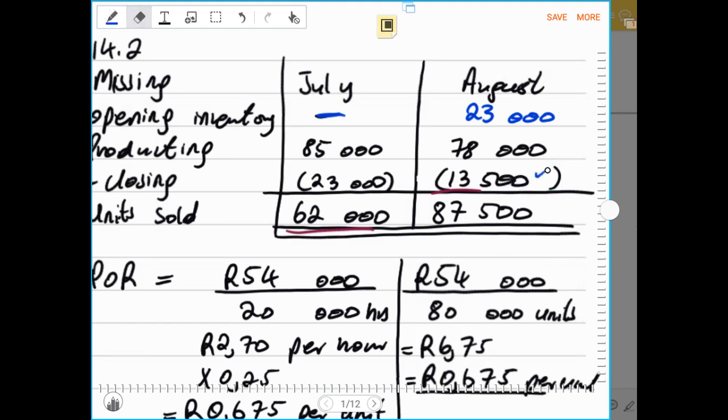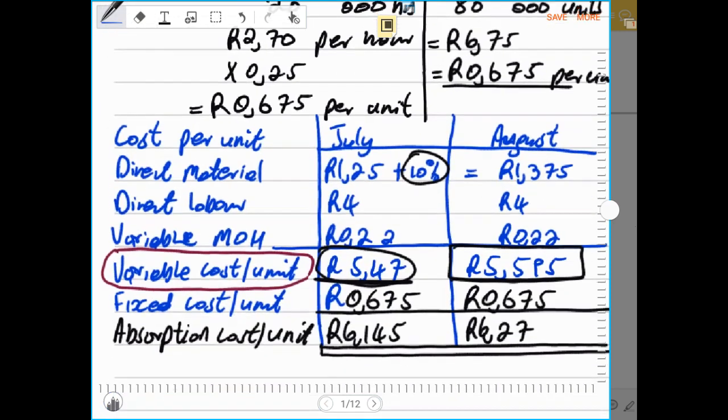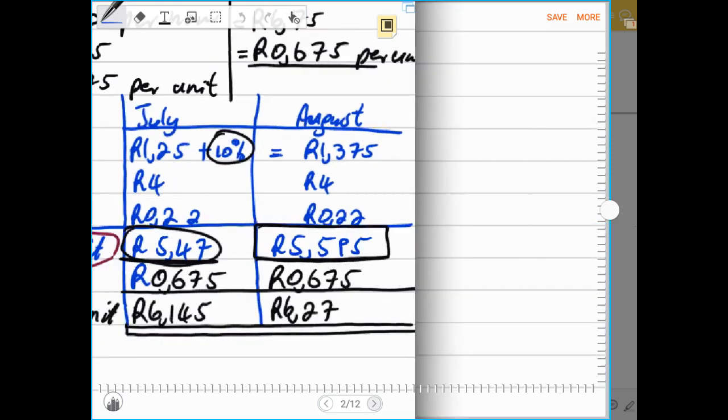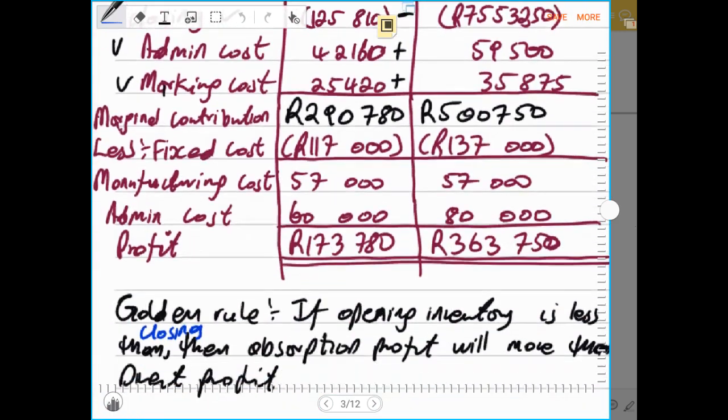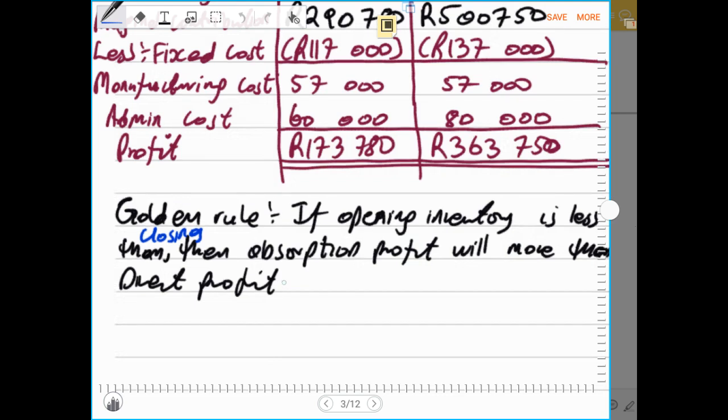Let us check if that will be happening as we do our absorption income statement, and see if this golden rule will apply.